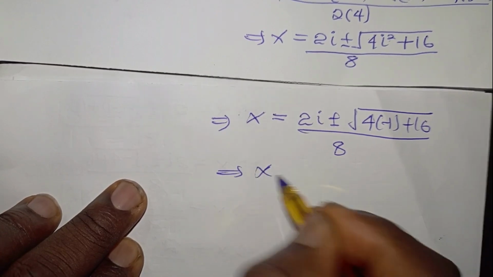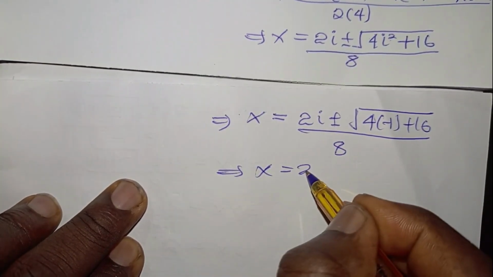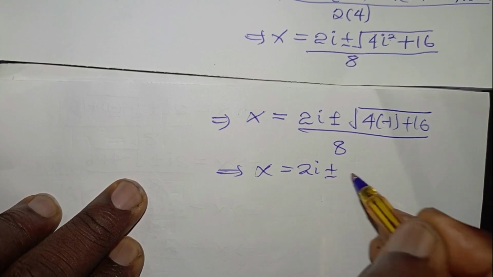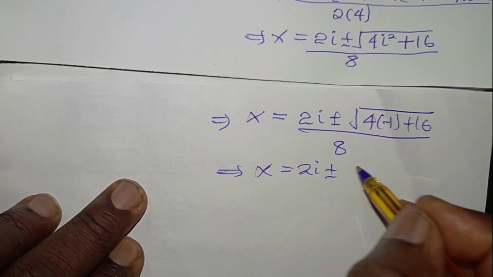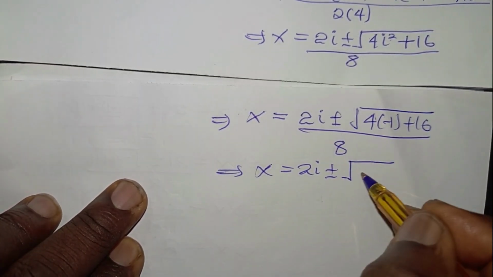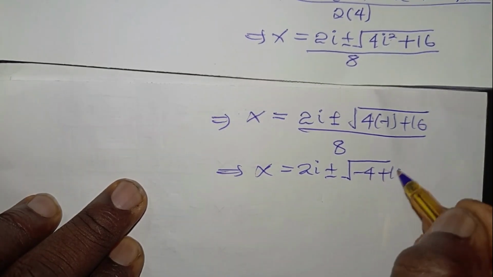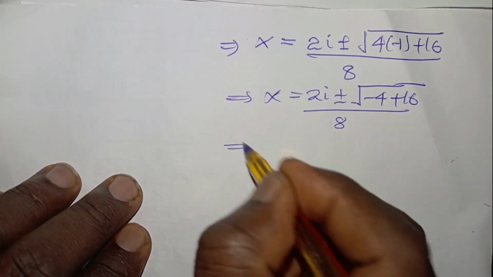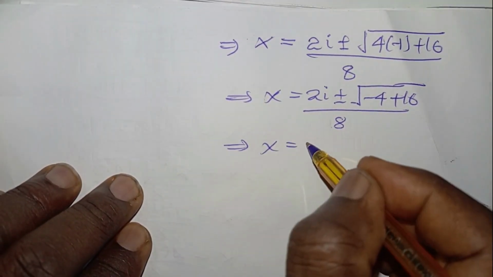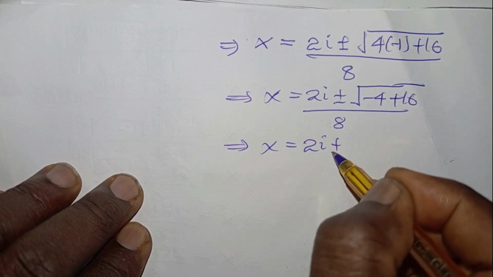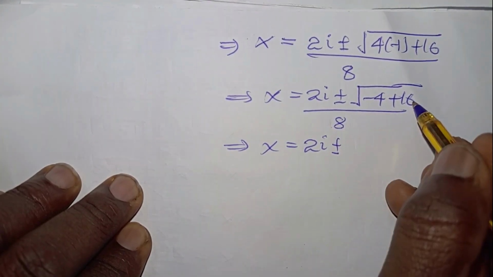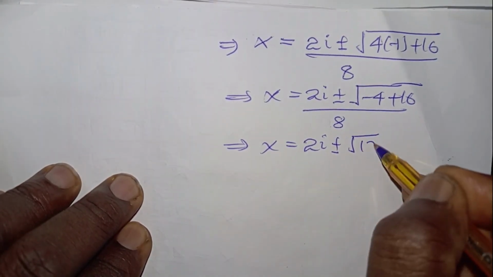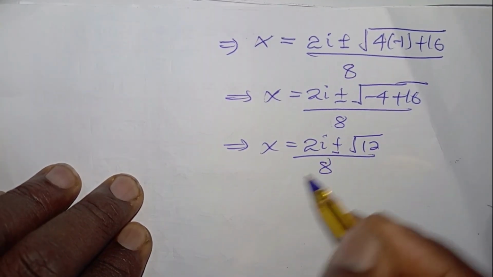Implies x is equal to 2i plus or minus square root of minus 4 plus 16, divided by 8. This implies x is equal to 2i plus or minus square root of 12 divided by 8.